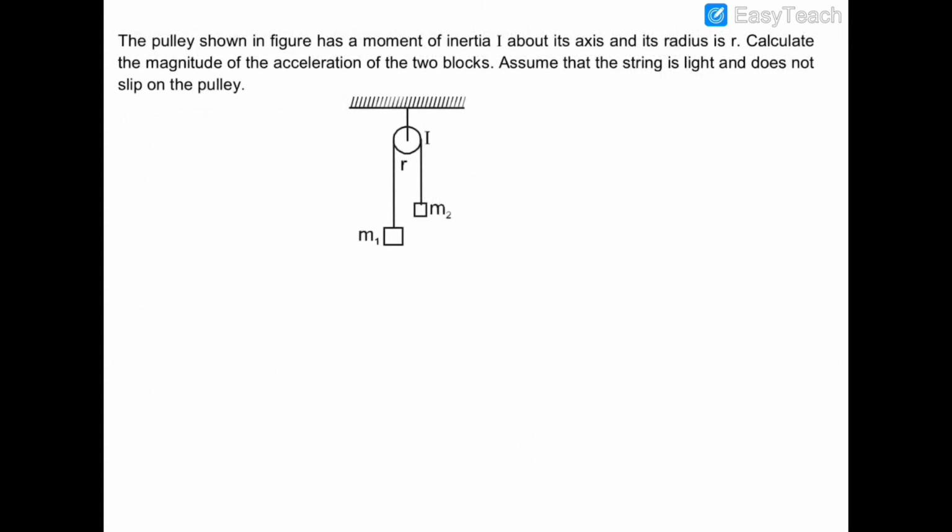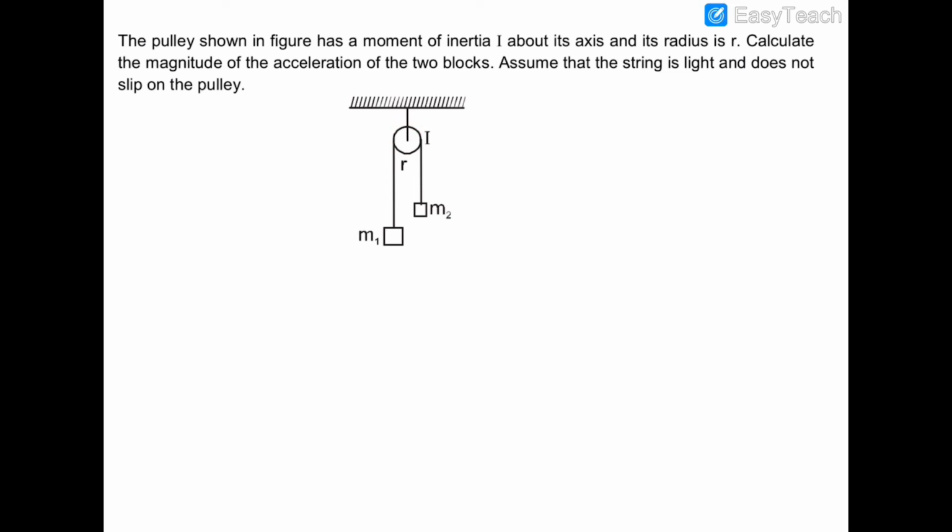In this question, it is given that this pulley has a moment of inertia of I about this axis, and its radius is r, and these two masses are m1 and m2, which are held on this pulley by a string. This system is released from rest, and we have to find out the acceleration of these masses, assuming that this string would not slip over the pulley, and it would rotate the pulley.